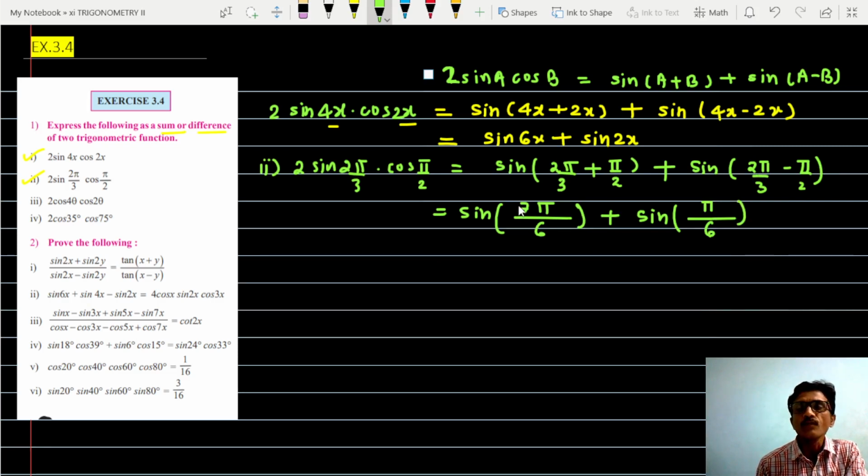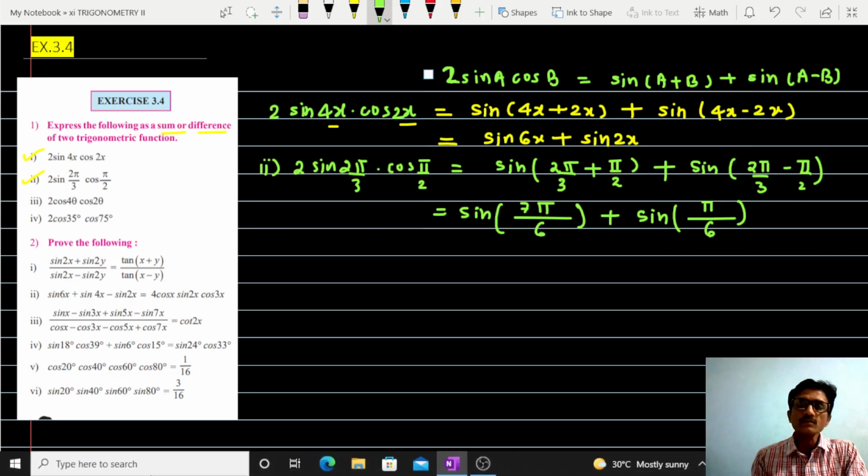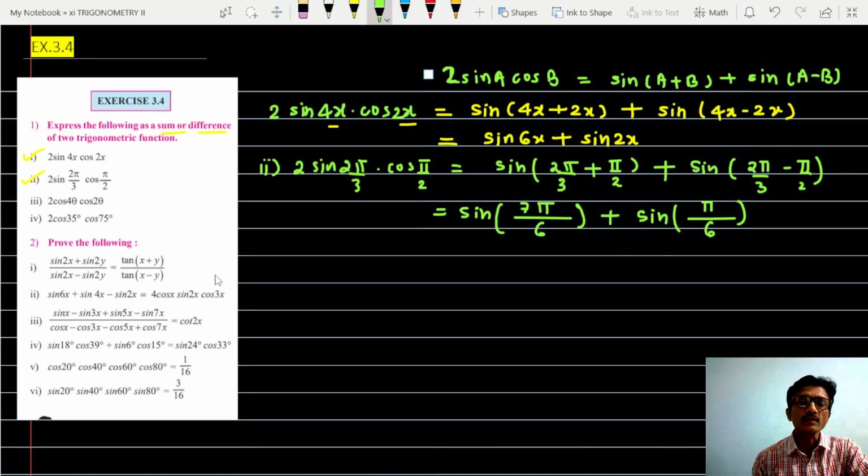This will be sin of pi plus pi by 6, which is minus sin of pi by 6, and this is plus sin of pi by 6, so 0 comes. We want to express it as sum or difference, so it is expressed as sum of two trigonometric functions.